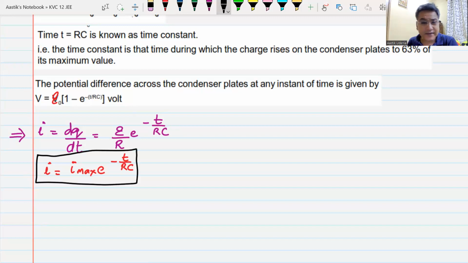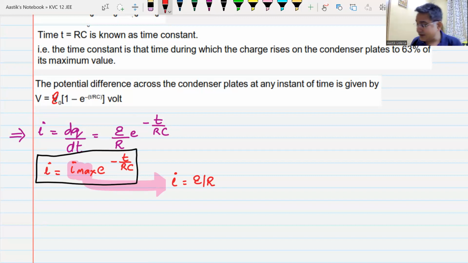Where what is this I max? Or you can write it as I naught. This value of I max is E by R. That is the maximum current that flows through the circuit.